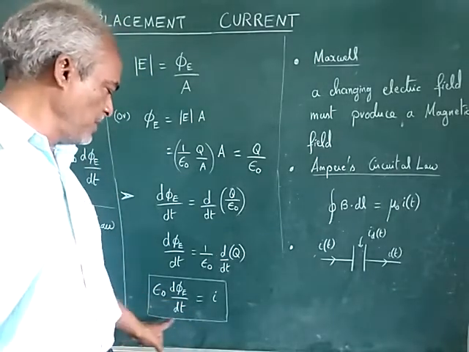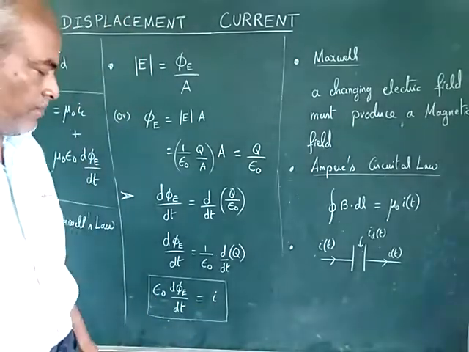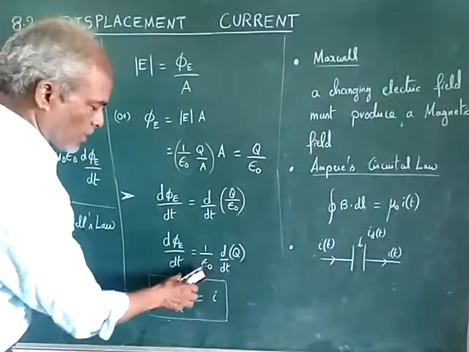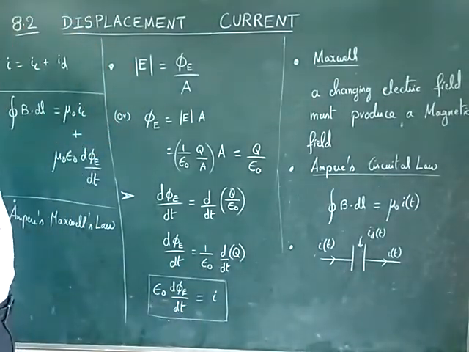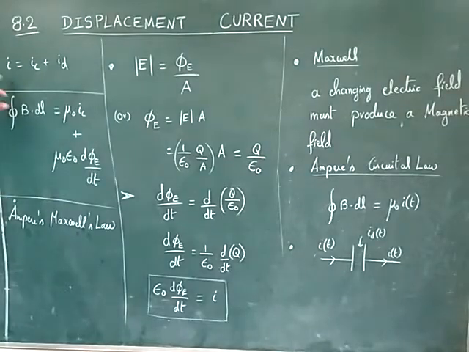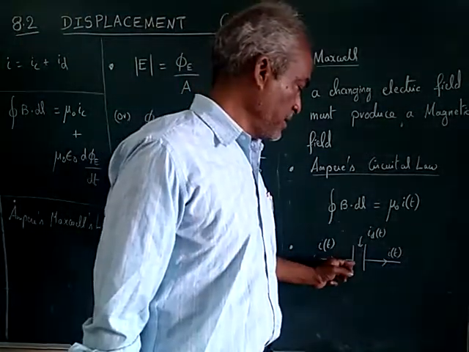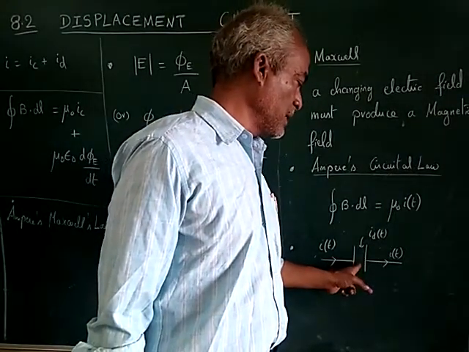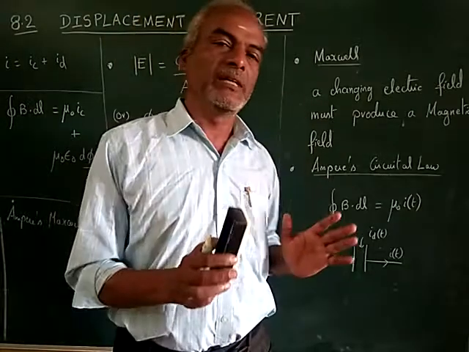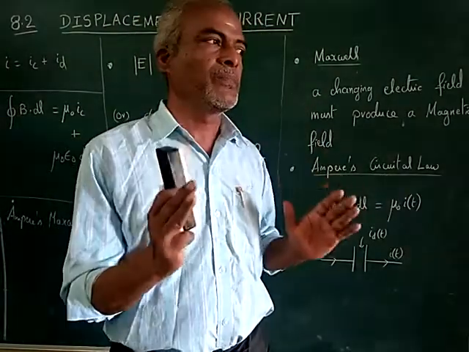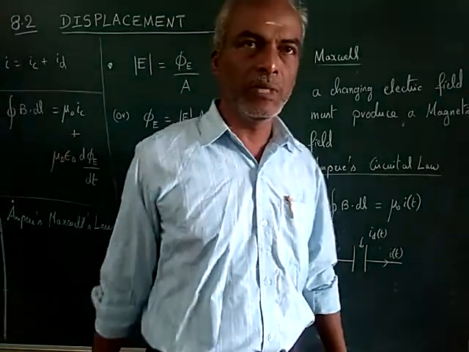And this term we define as displacement current, ID, because epsilon naught goes there, and dq by dt is nothing but I. So now we have total current as conduction current, that means the conduction current here, and the displacement current that happens inside the dielectric, between the two plates, because it is filled with dielectric.